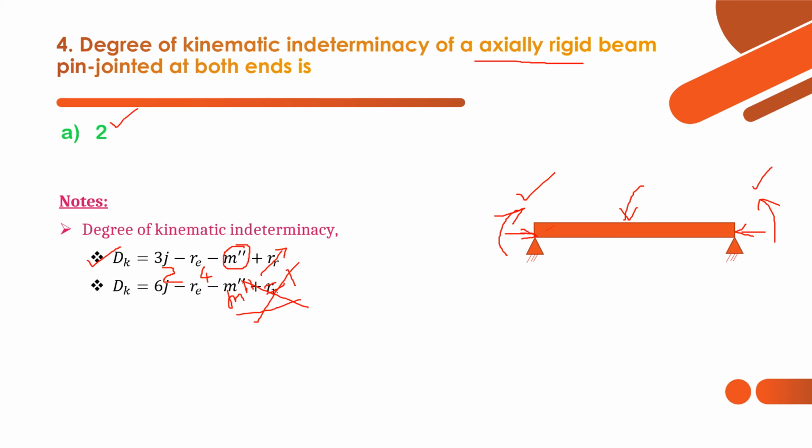This is for the two-dimensional case, and for the three-dimensional case we use the relation 6j minus re minus m double dash plus r suffix r. R suffix r is the force releasers, m double dash is the number of axially rigid members. But we have to be careful when we consider m double dash. And r suffix r is given by m dash minus 1, where m dash is the number of hybrid joints. What is meant by hybrid joints?